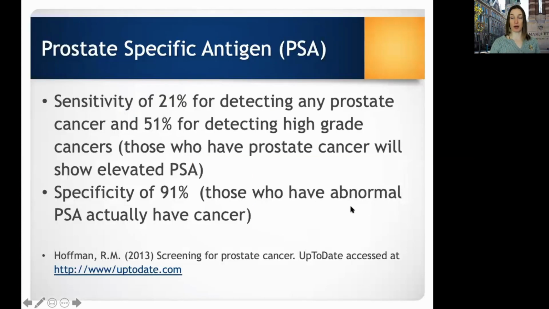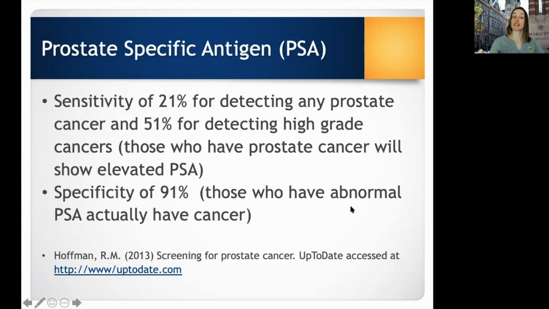So let's talk about one of the tests that could be out there for disease testing. Prostate specific antigen, or a PSA. This is a test that has a 21% sensitivity for detecting any prostate cancer, any level of cancer, and 51%, so a little over half, for high-grade cancers.